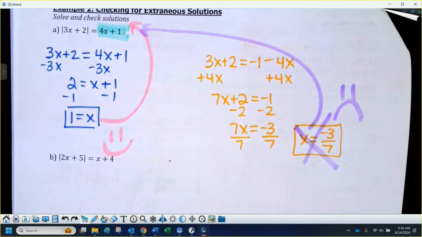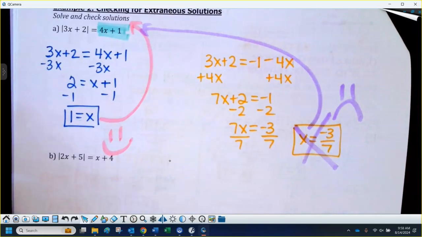Now, I don't want you to think that if your answer is negative, that will automatically cause you to get a negative when plugging it into the expression. Just because the answer is negative does not mean it doesn't work. But in this particular problem, when I plug that in, that made that expression have an absolute value equal to a negative. So just be careful.